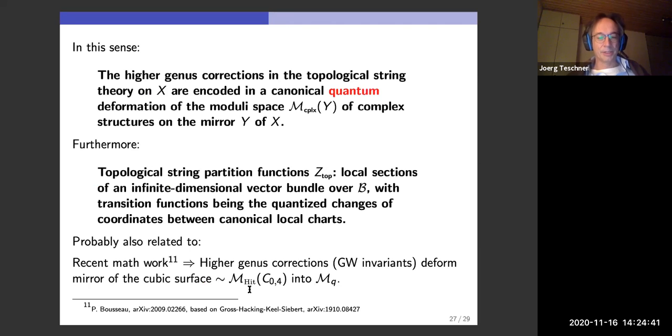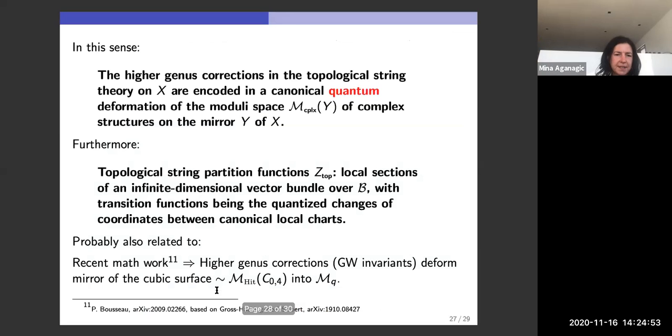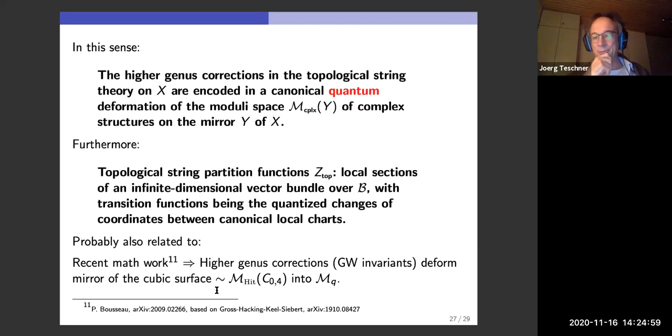That's a side remark. Okay, let me leave it with this, and maybe make one more remark. His cubic surface comes from local P2, and I think yours comes from local P1. No, he has different stories.